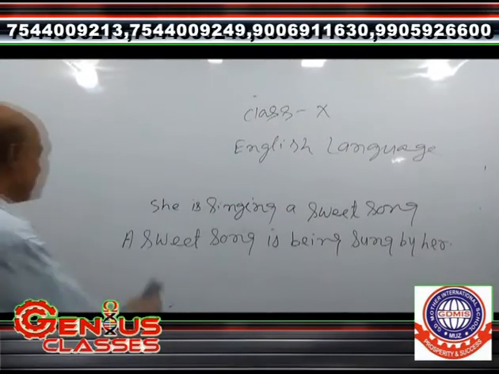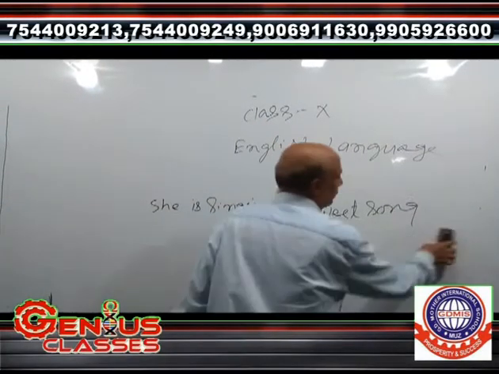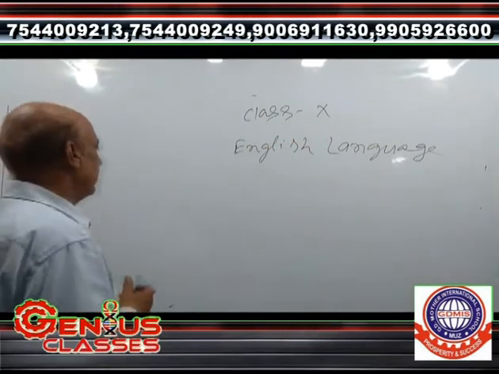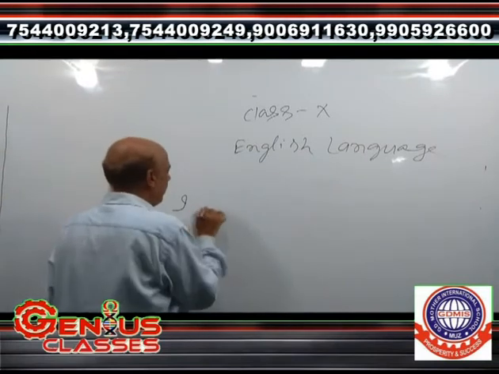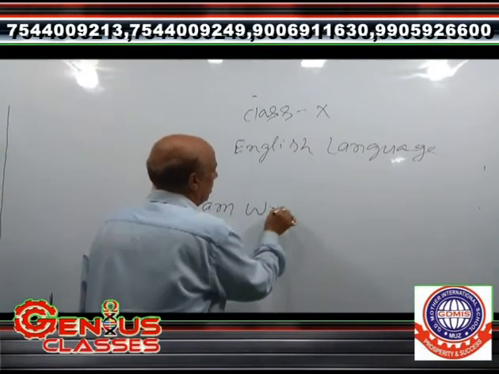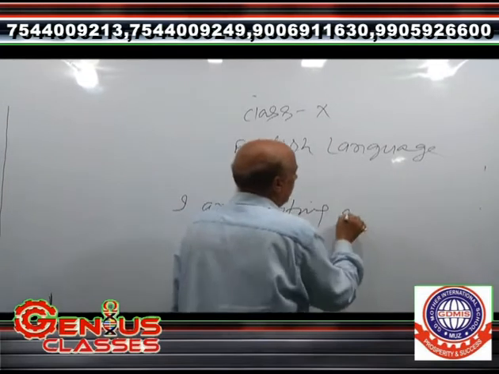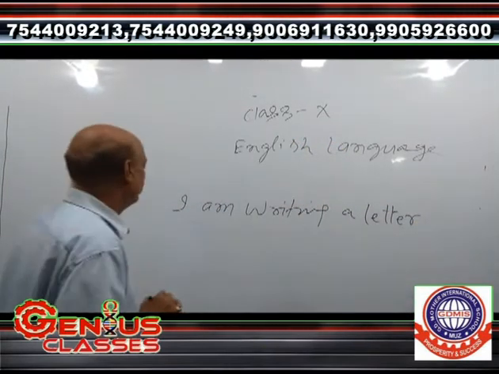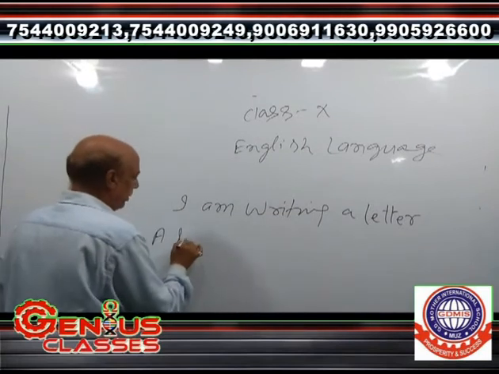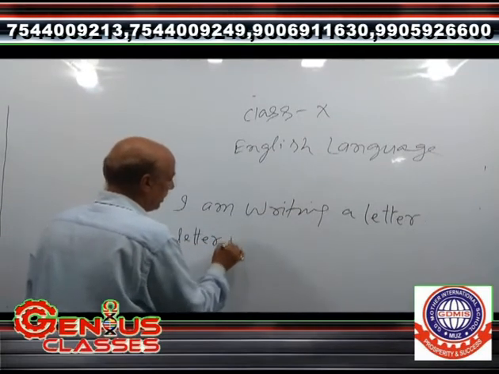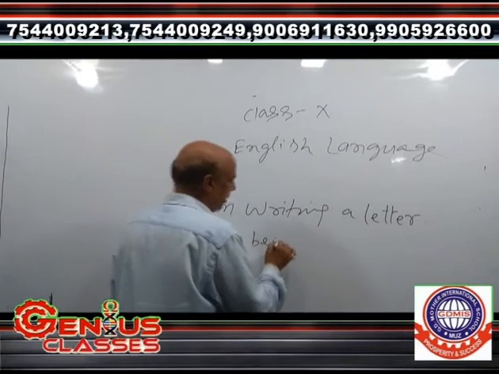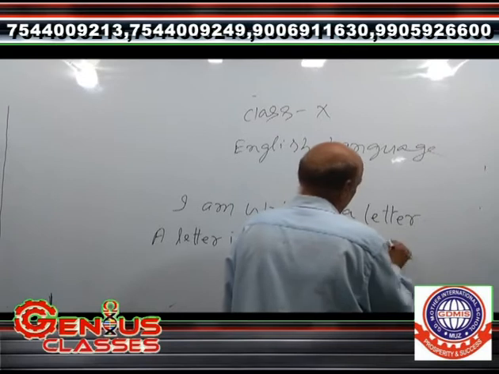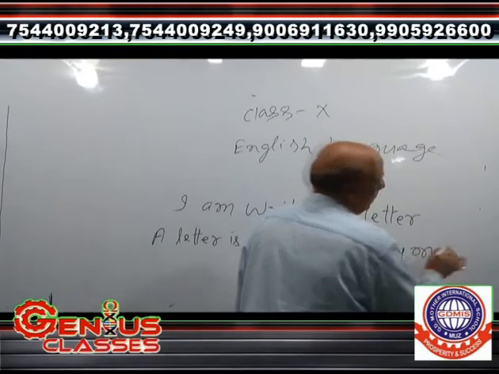The next sentence: I am writing a letter. A letter is being written by me.